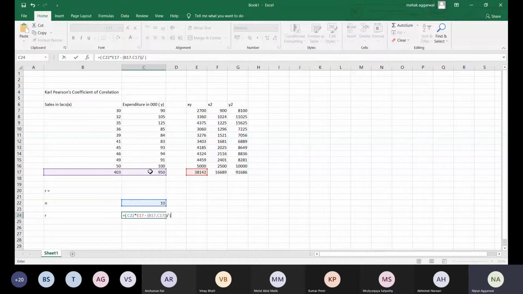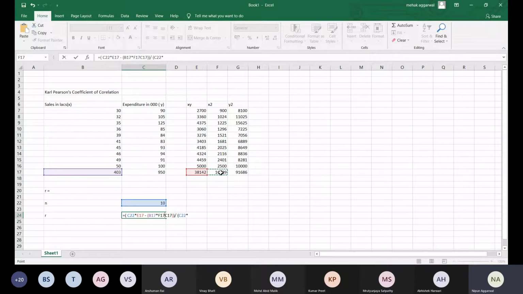under root of. So you have to do the under root of. So under root of, we will do the power as the function. So then you have to divide it by n summation x square. So this is your n, then into n summation x square.